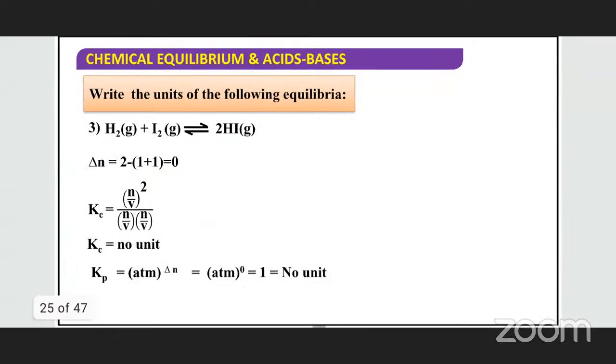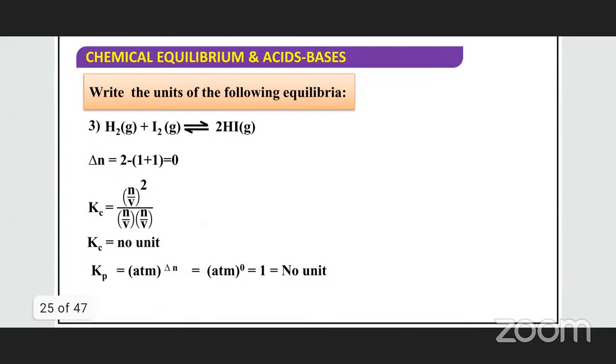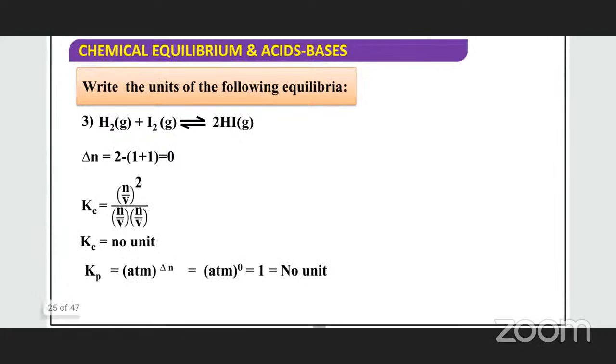Next example, H2 plus I2 gives rise to 2HI. Delta N is equal to the number of moles of product minus the number of moles of reactant. The number of moles of product is 2, minus the number of moles of reactant, 1 plus 1, 2. 2 minus 2 equals 0.